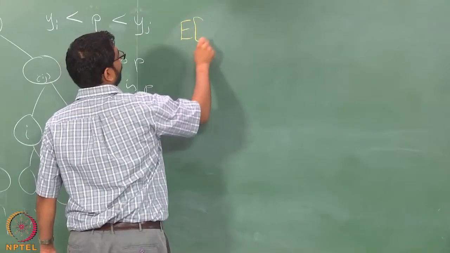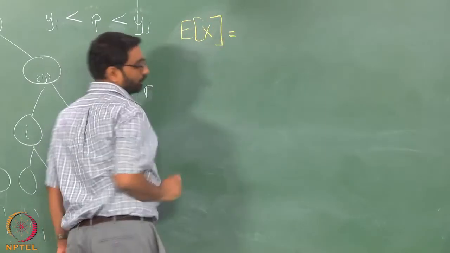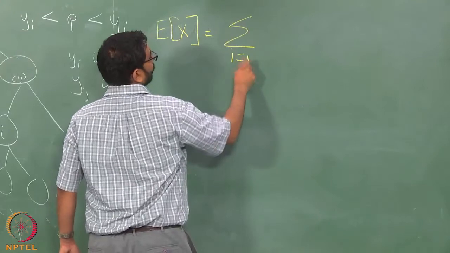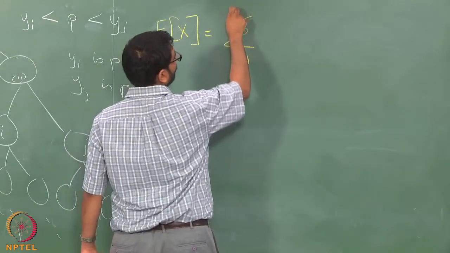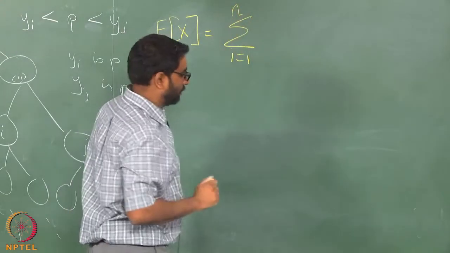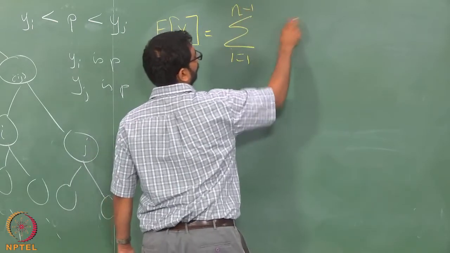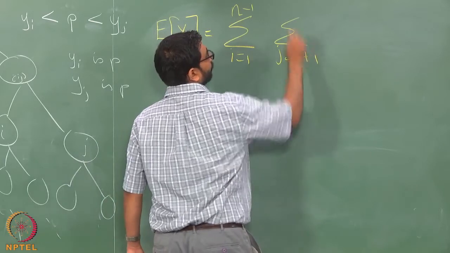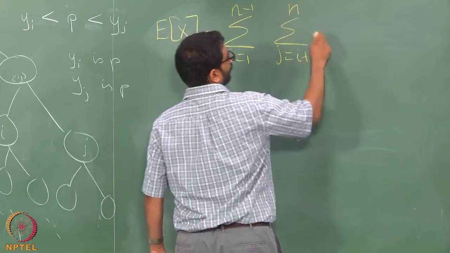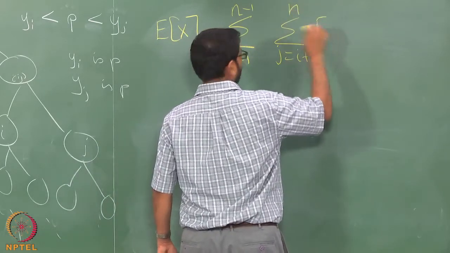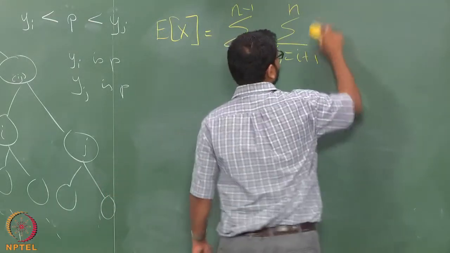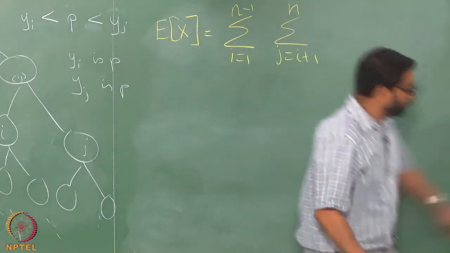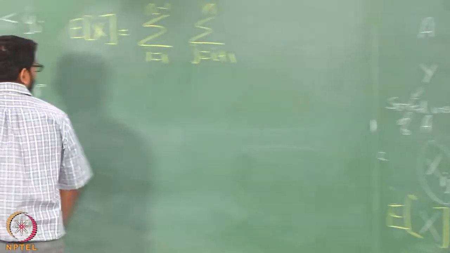Now, I'm going to actually substitute the value here. Remember, E of xij is 2 over j minus i plus 1.